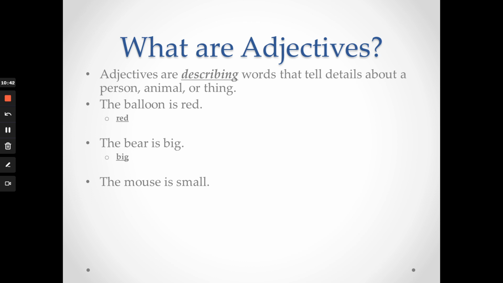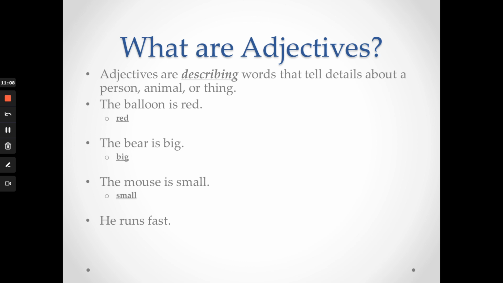Our last example sentence for adjectives is the mouse is small. The describing word, the word that is telling us details about the mouse, is small because the mouse is small.